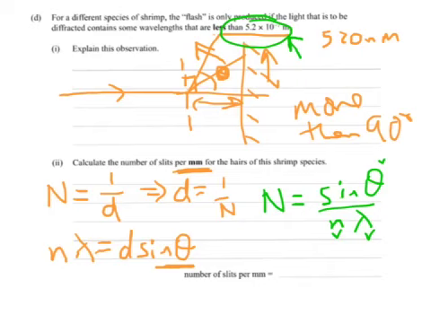In any case, sine 90 degrees is 1, n is 1, so that's 1 over 1, and then the wavelength is the only part there, so the number of slits is going to be 1 over the wavelength. And the wavelength in this case was 5.2 times 10 to the minus 7, I think that's right.